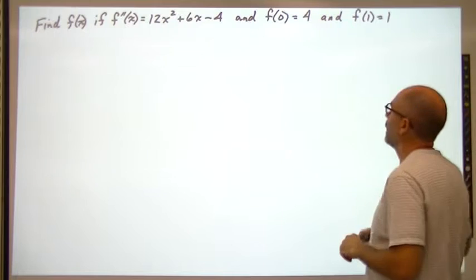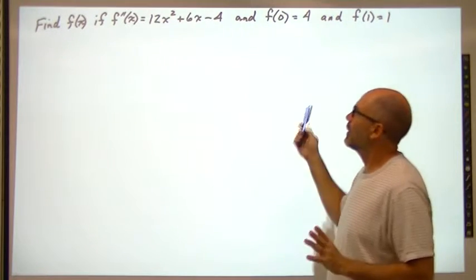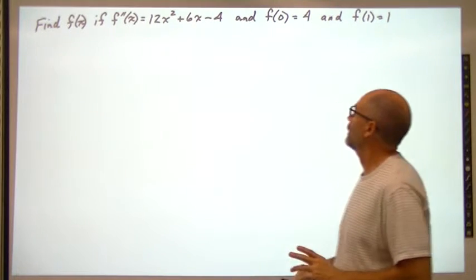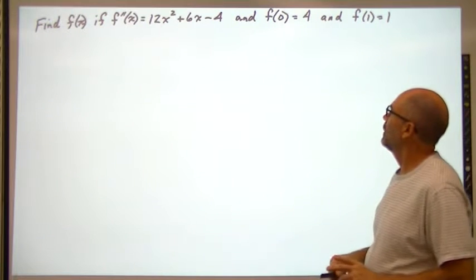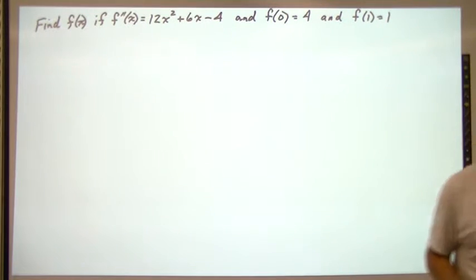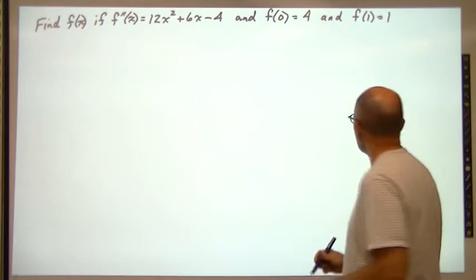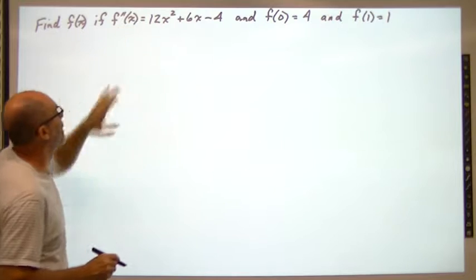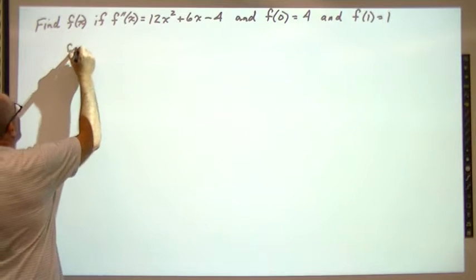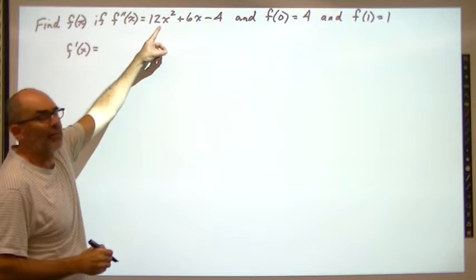All right, now, next one, we're looking for the original function given the second derivative. And we're given two initial conditions. So, make sure I copied that right. Yeah, that's right. Okay, so now, first thing we do is we have the second derivative. I want the first derivative then. Well, that's going to be the antiderivative of the second derivative.